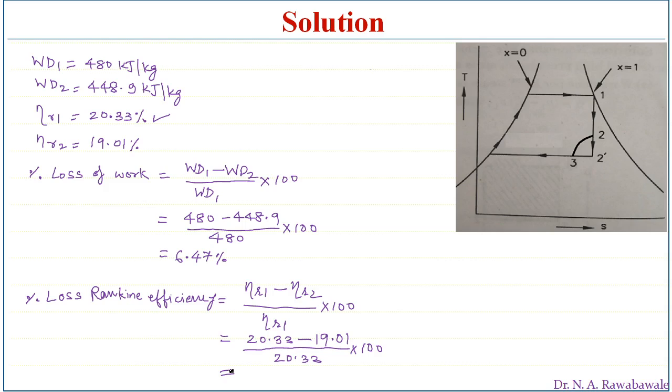This will be 6.49%. So 6.49% is the loss in Rankine efficiency.